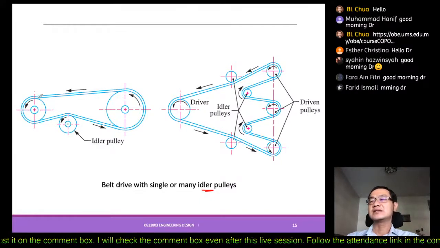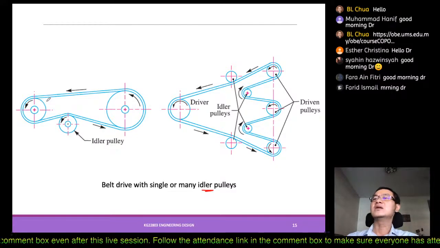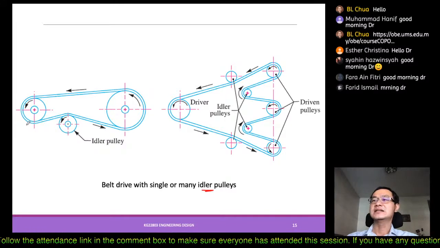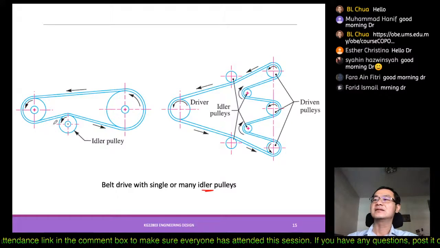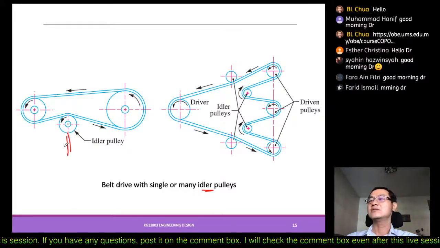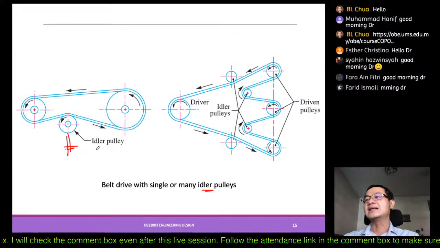Even though it is slightly stretchable, you may not be able to stretch it directly, so there will be a slack side, and you may need to tighten it by using an additional idler pulley. Maybe there is a screw so that you can screw until it tightens, and that's all. So this is the idea of the idler pulley.